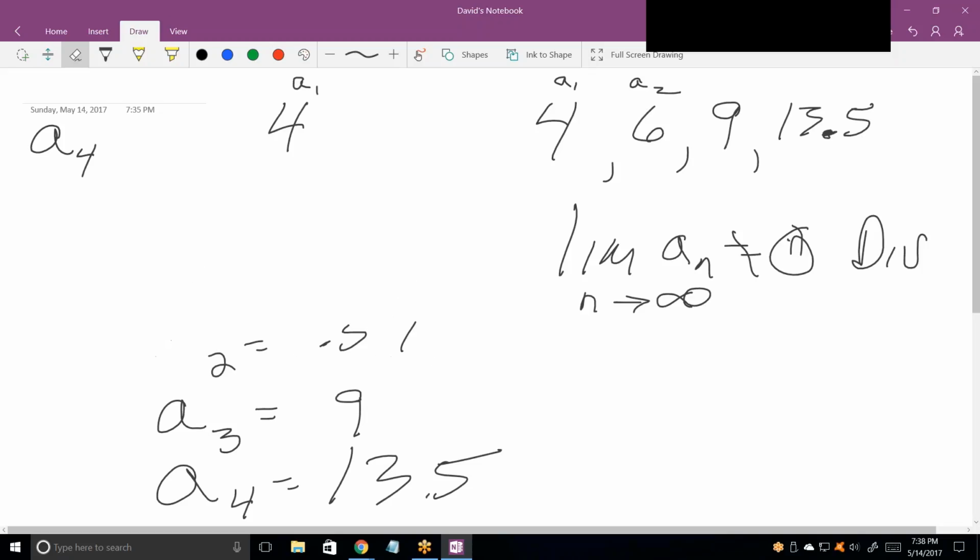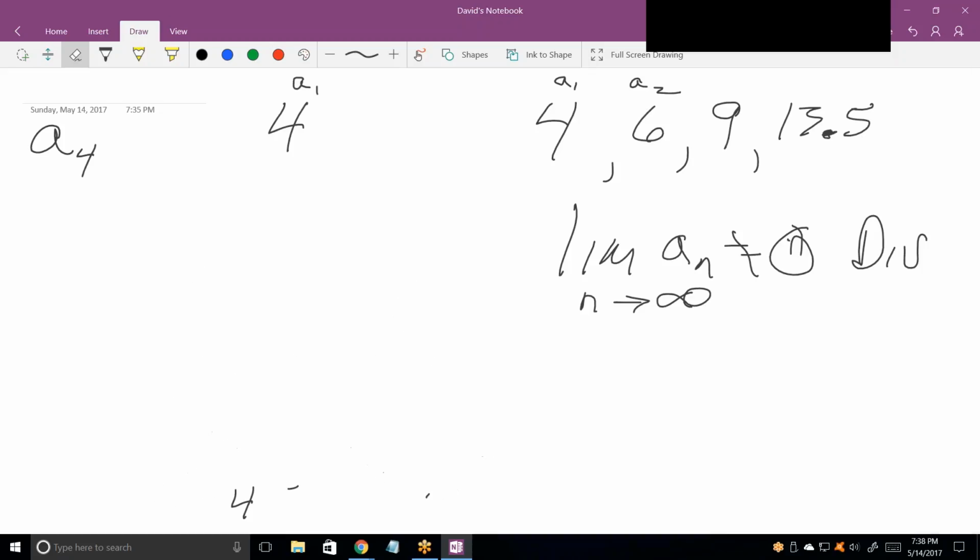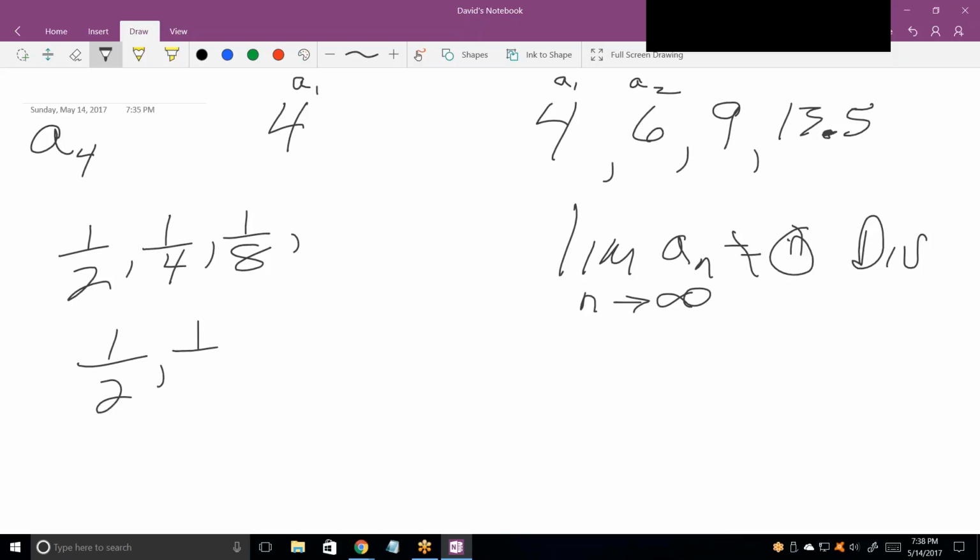Let's go back to those other two sequences we had, because they're a perfect illustration. The nth term as n goes to infinity here is clearly 0, right? Getting smaller and smaller, it's going to approach 0 as n goes to infinity. Well, same thing here. My denominator keeps getting bigger.